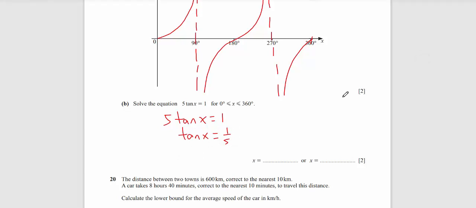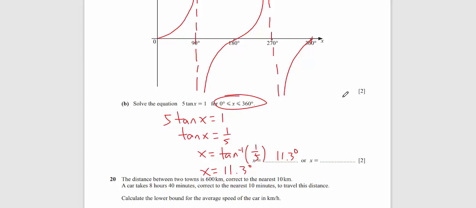So then we can do the inverse of tan. The first angle is 11.3 degrees, because they want between 0 to 360.